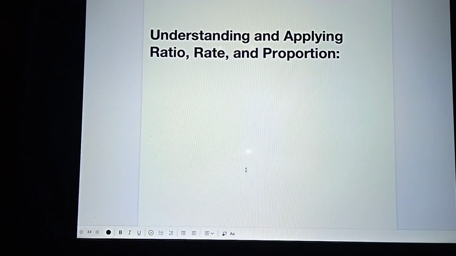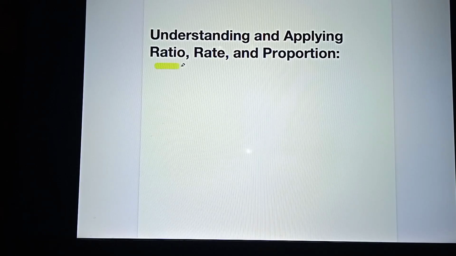Hi everyone. Today we are going to learn an important and very practical topic in mathematics, that is understanding and applying ratio, rate and proportion.